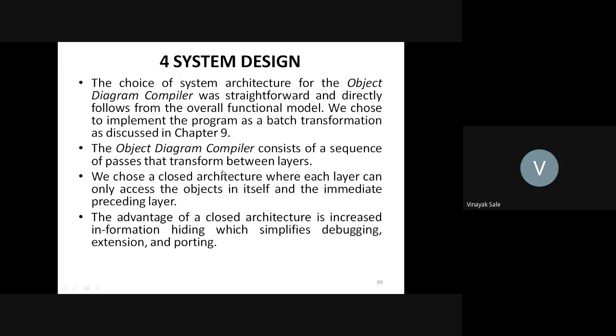We select a closed architecture where each layer can only access the objects in itself and the immediately preceding layer. The advantage of closed architecture is increased information hiding, which simplifies debugging, extension and portioning.